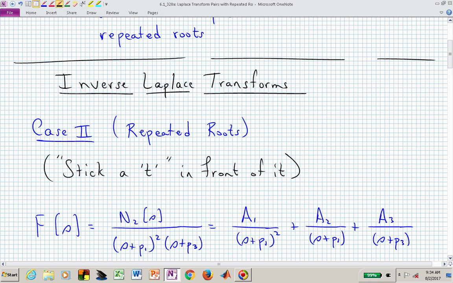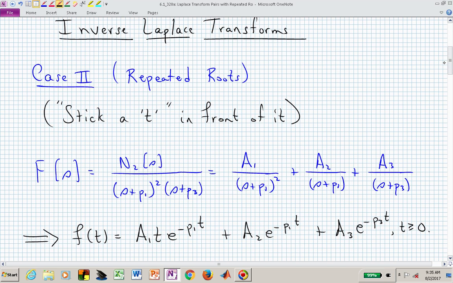If we had another pole at minus p sub 1, where the factor s plus p sub 1 was cubed, then we would need an (s plus p sub 1) cubed term. We would need an (s plus p sub 1) squared in the denominator of a second term, and we would need a third term with an s plus p sub 1. So in the partial fraction expansion, we start with the highest power of that pole, and then we just keep adding factors until we're down to a simple factor associated with that repeated pole.